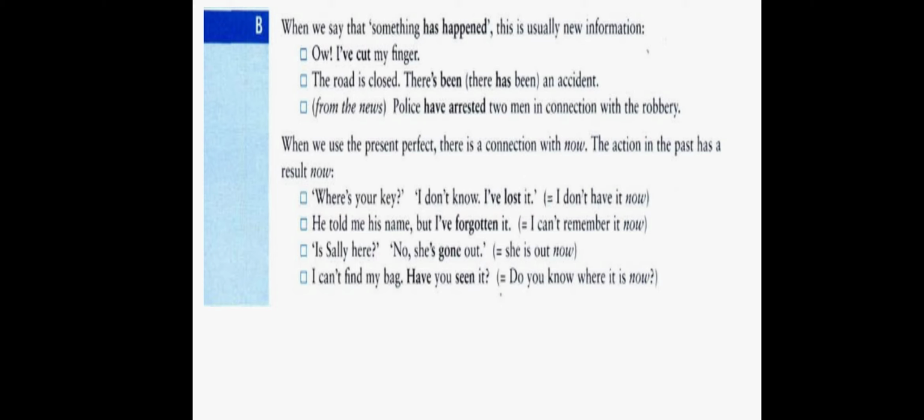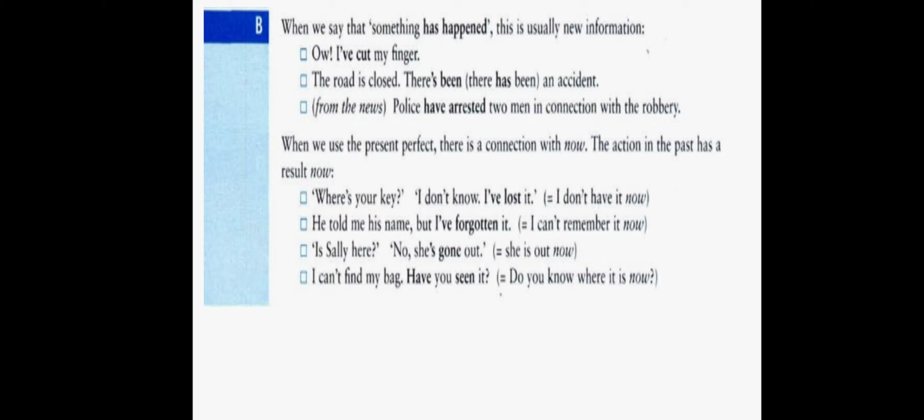I can't remember it now. So the action extended from the past until now, so we use the present perfect here. The person says, but I have forgotten it. The person uses the present perfect.